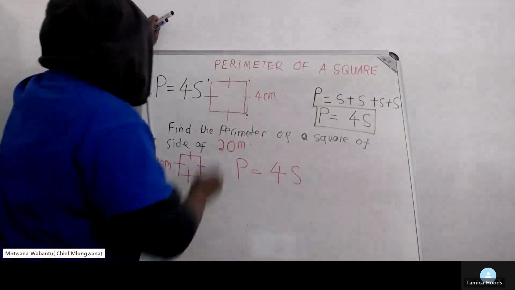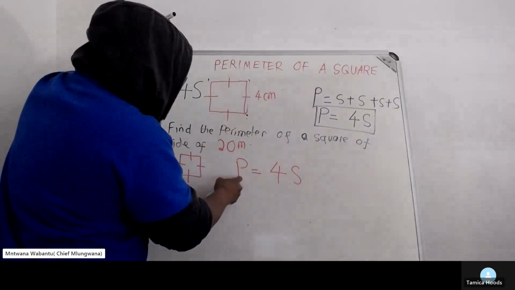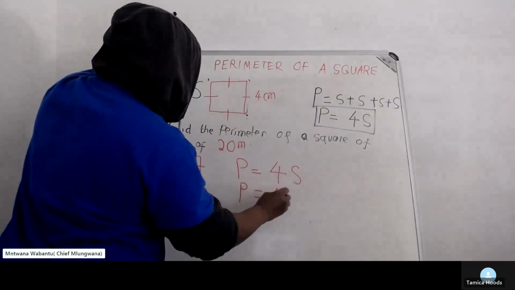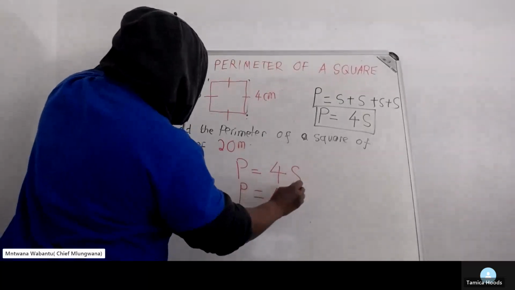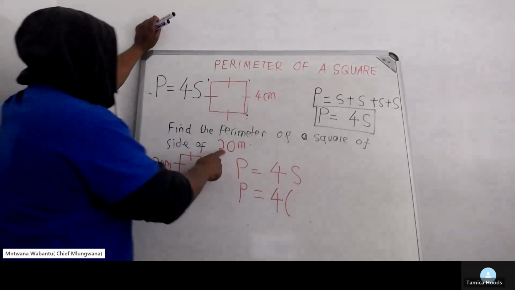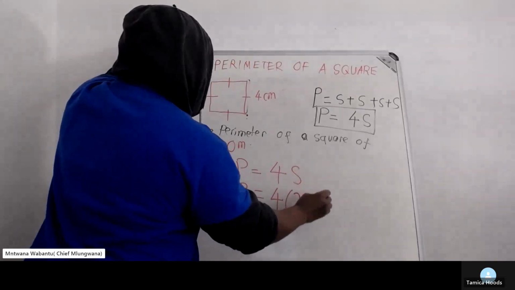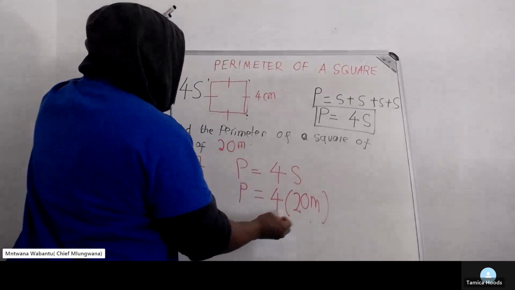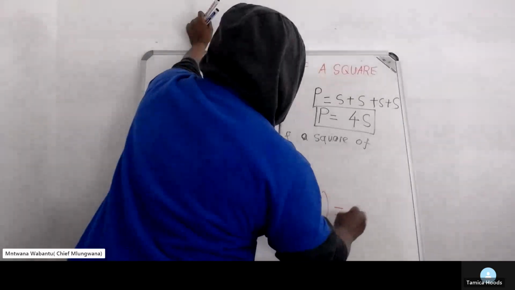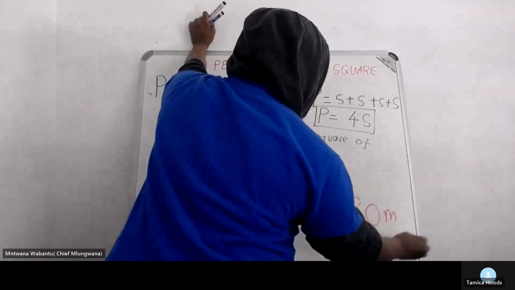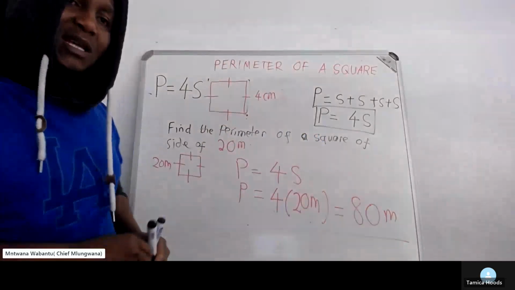Find the perimeter means I don't know P. So P equals 4 times side. My side equals 20, so in the position of side, I'll put my 20 meters. Now 4 times 20 equals 80, but a what? Meters. Do you understand?